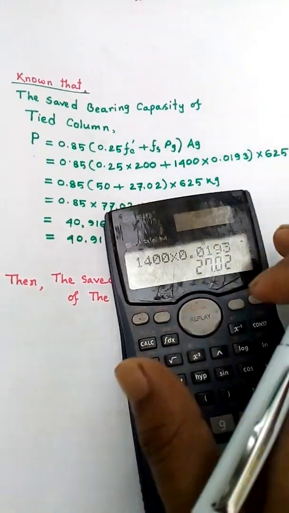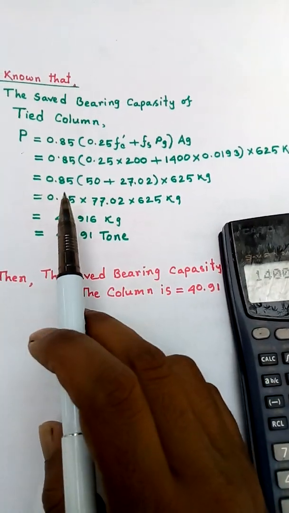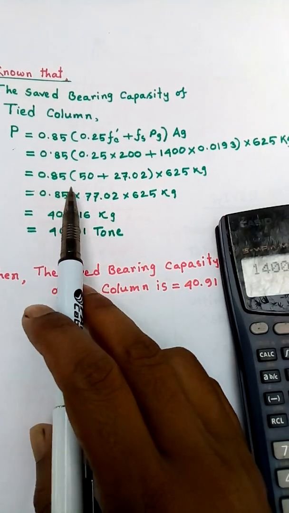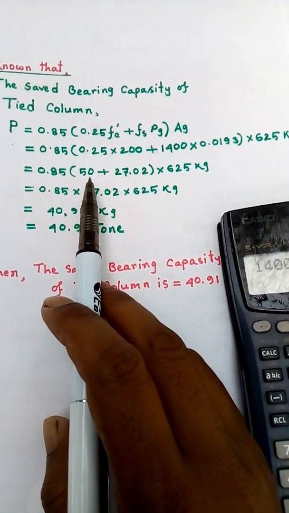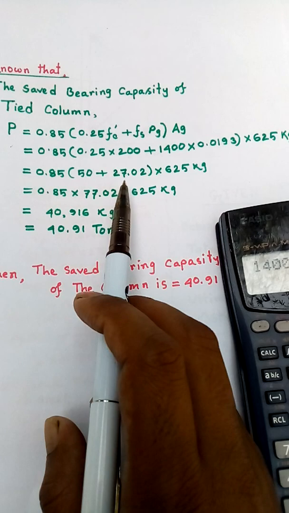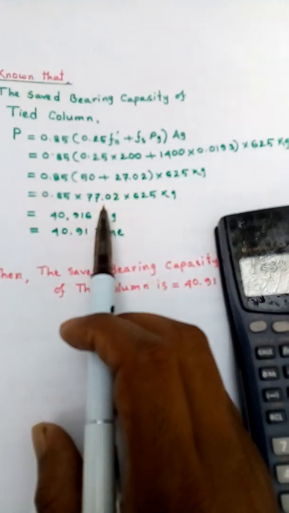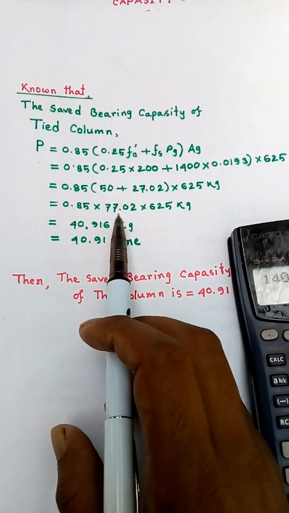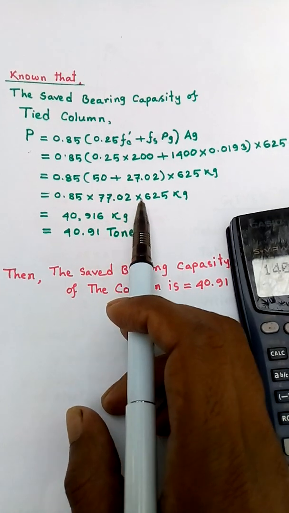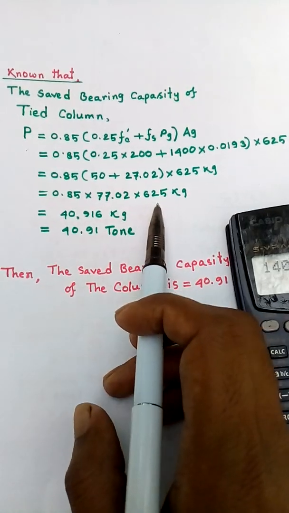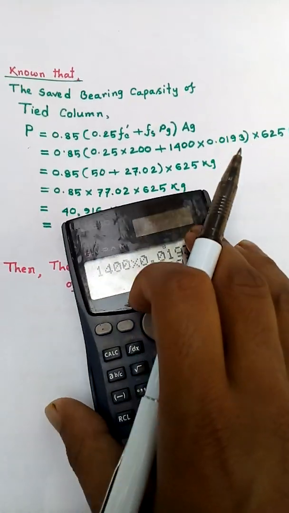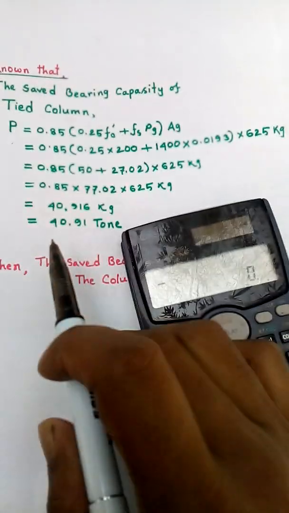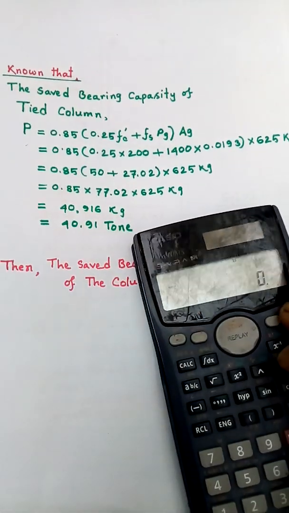After adding 50 and 27.02 we get 77.02 into 625.